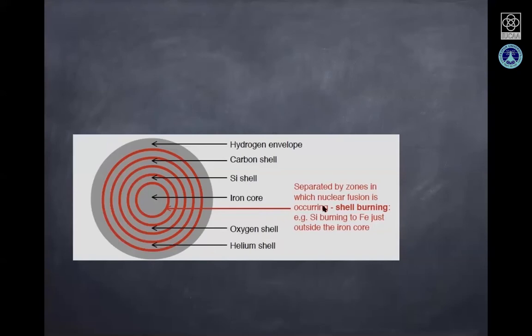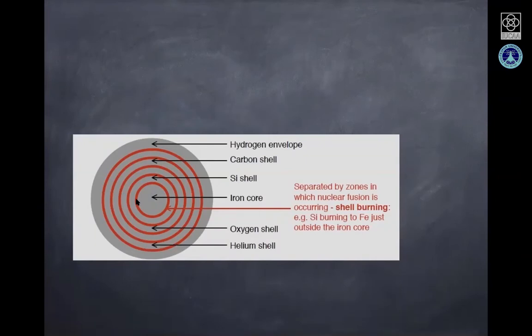And of course there'll be fusion happening in the shell burning, right? So there is an onion kind of structure for the star, and the core has become now full of iron, right?